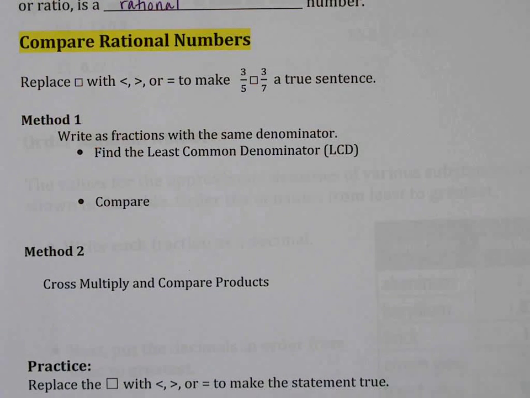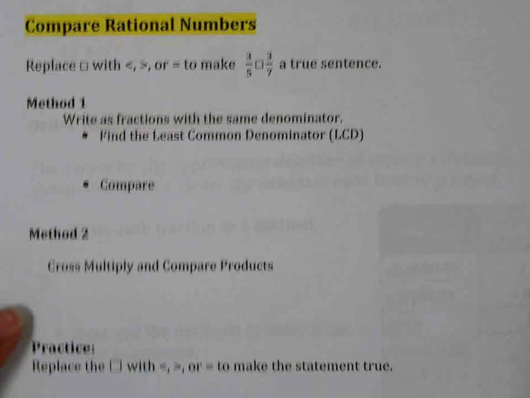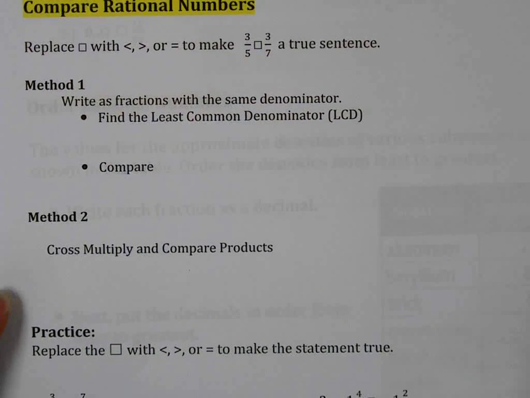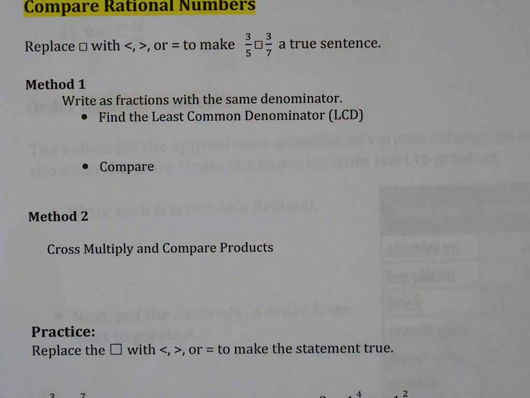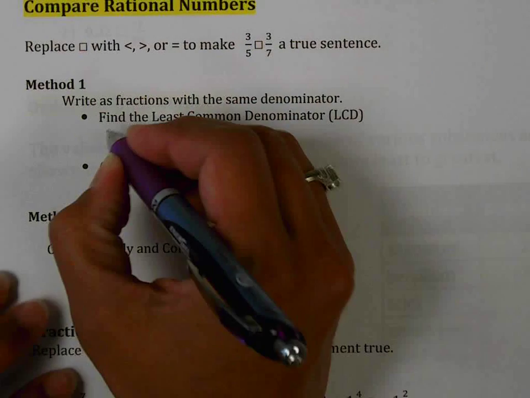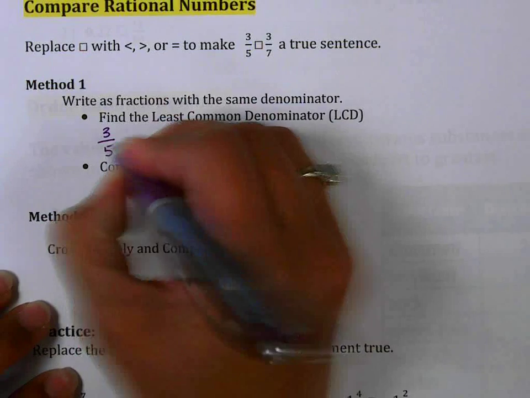So we're going to replace the box with the less than, greater than, or equal sign to make 3/5 and 3/7 a true sentence. So method one, if you are comparing fractions, we could write the fractions with the same denominator. So the first thing we would do is find the least common denominator.